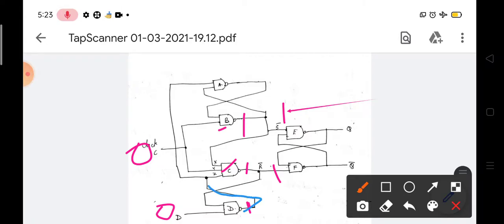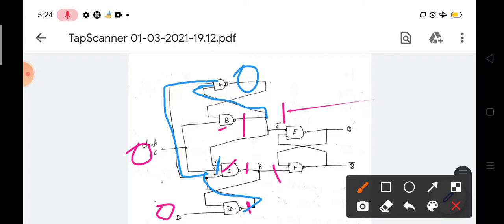This is 1, this is coming to gate A, and this one is a feedback which is going to gate A. It means the output of AND gate A is at 0 now.